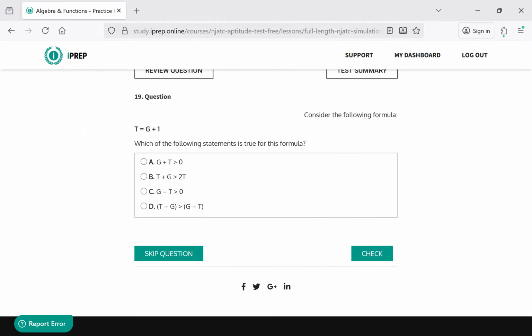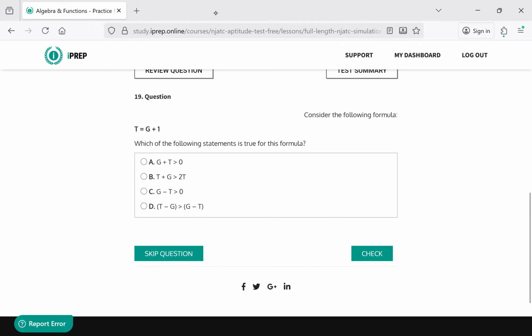19. Which of the following statements is true for this formula? This one, 19. I don't think you have to graph this as a linear line. You could graph it, or you can actually substitute values.